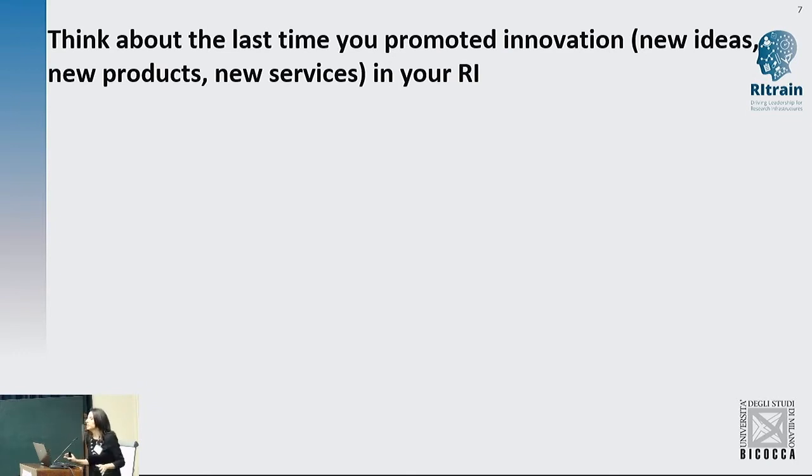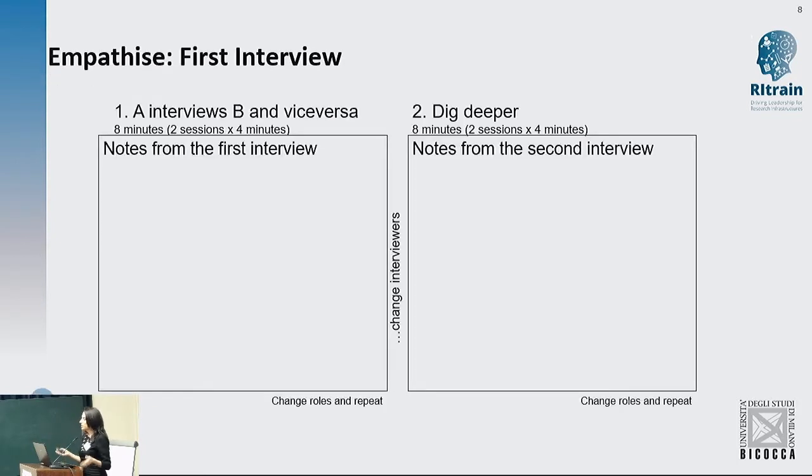The first activity is that you decide who is A and who is B, okay? The member A of the couple should interview member B about this event.